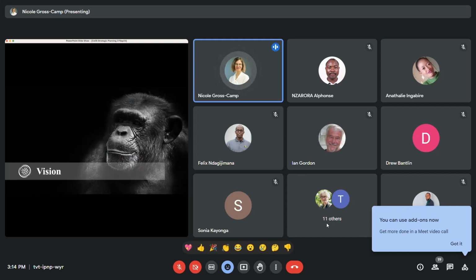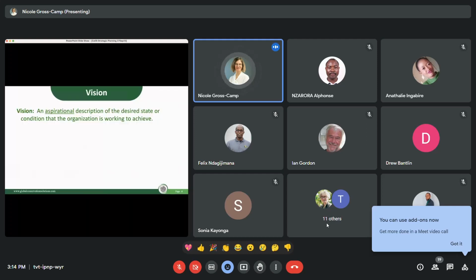The next step is the development of the vision. A vision evokes something aspirational, something we are striving to move towards. It's the desired state that our organization is working towards. What is the world we want to see if we're successful in our objectives?